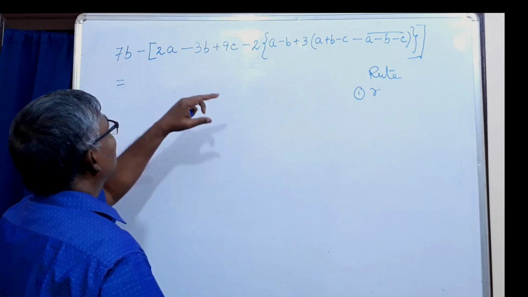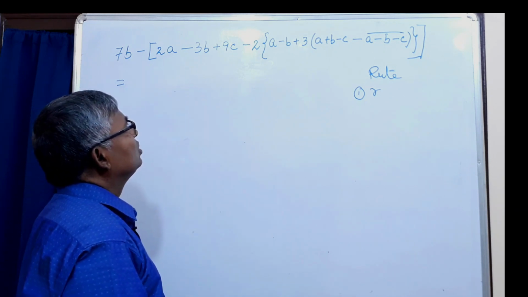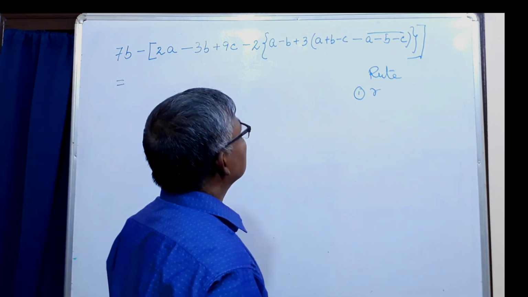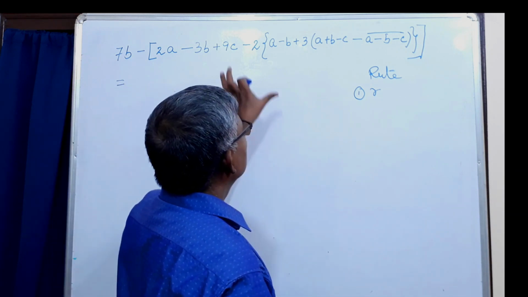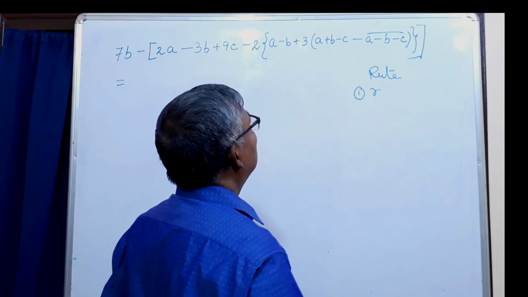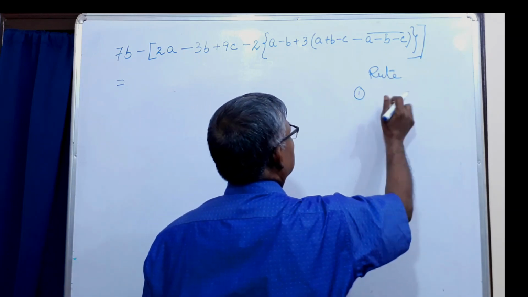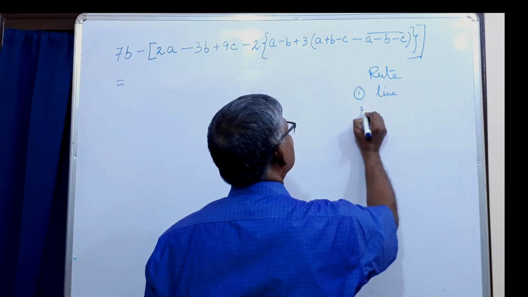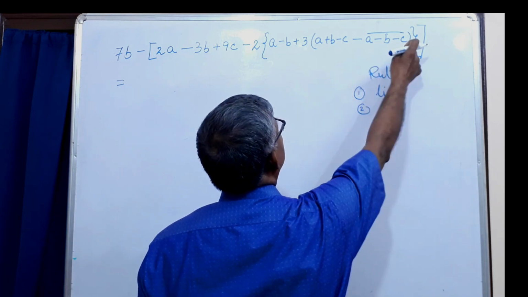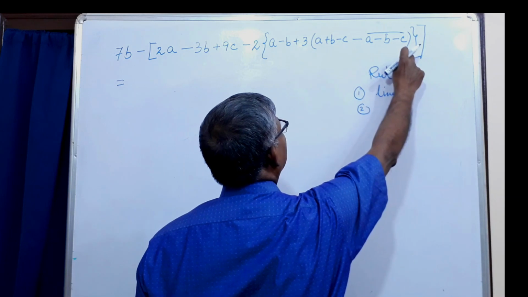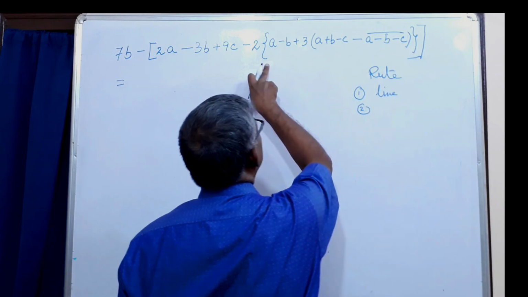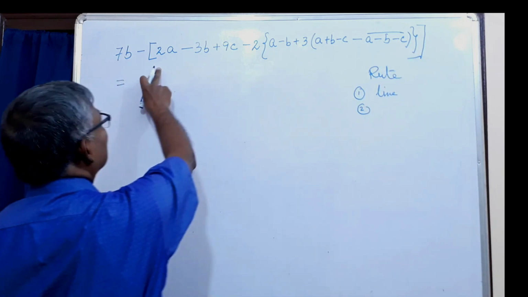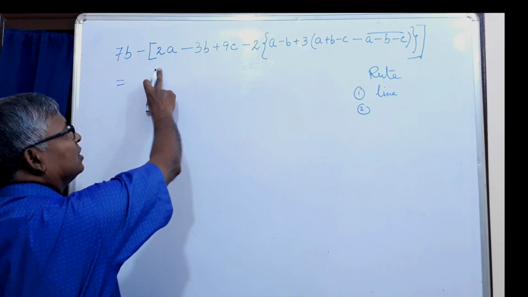So the order of preference of the use of brackets: first remove the line bracket, after that the round bracket, and after that braces, and after that the box brackets.